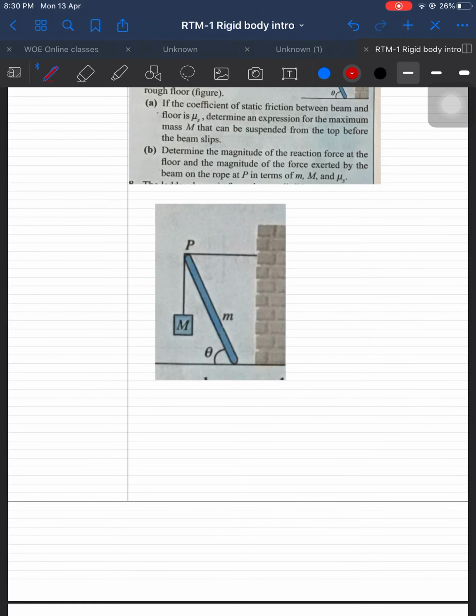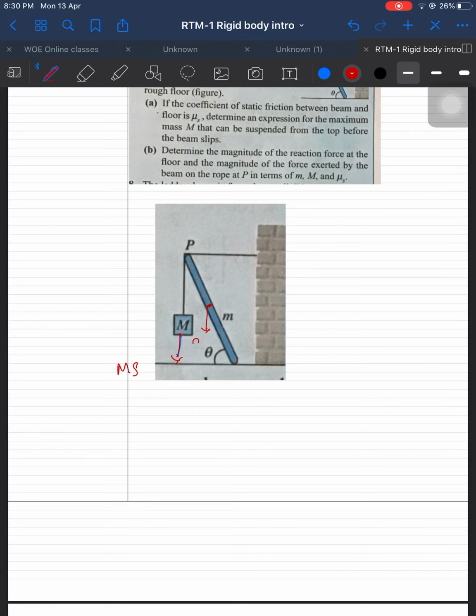If you consider the free body diagram, there is a downward force, capital Mg, and there is a friction. We don't know which direction the friction is acting. Let's do the free body diagram and then we can decide.